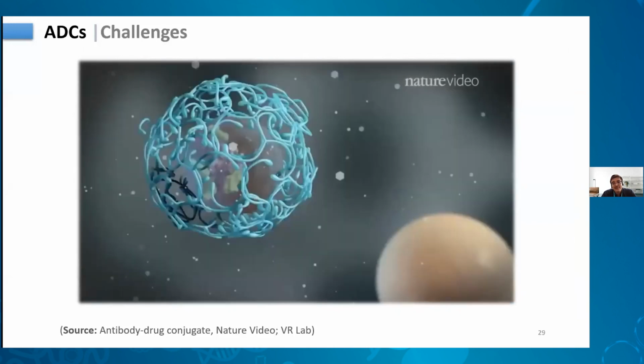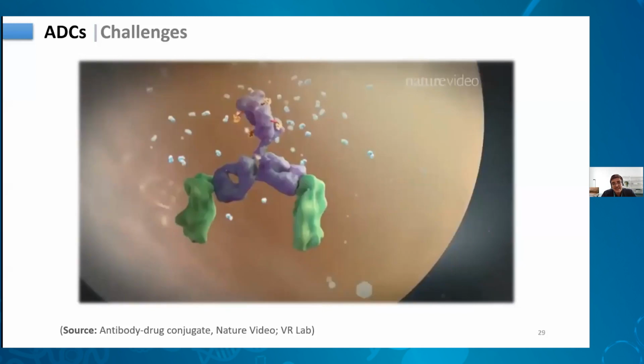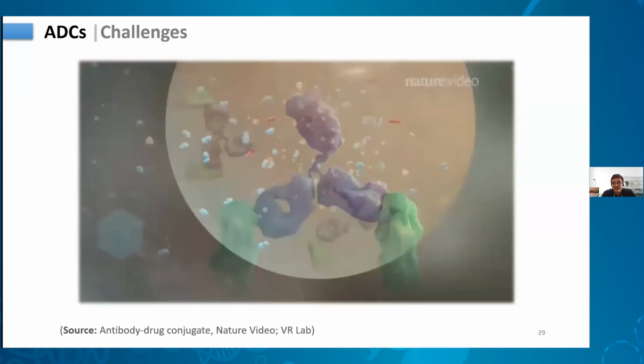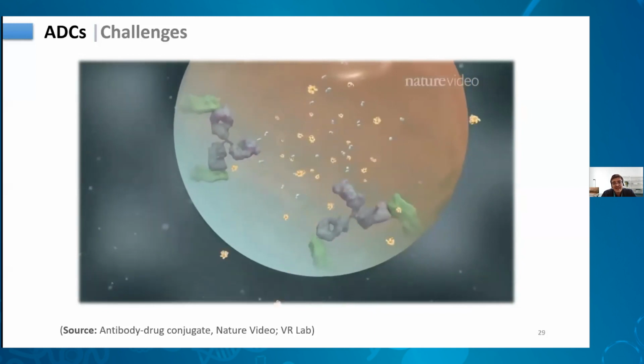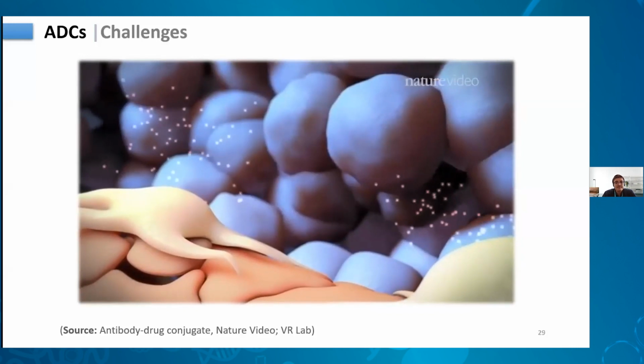And once that happens, eventually the lysosomal degradation would release the toxins. And as we discussed earlier, these toxins are going to be responsible for killing the tumor cells. And that's what you are observing right now in the video.